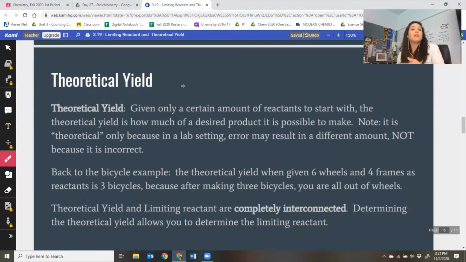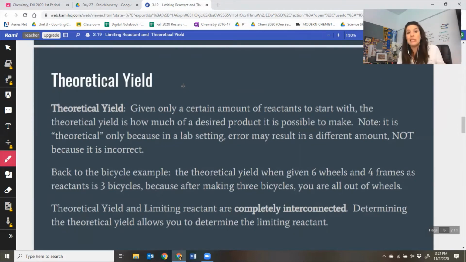The theoretical yield, on the other hand, is how much you can make of the product based on the amount of reactants that you can start with. So it is theoretical only because it's in a lab setting and there may be error that results in a different amount, not because your calculation is incorrect. So your theoretical yield is a precise amount that we would expect to make theoretically in the lab.